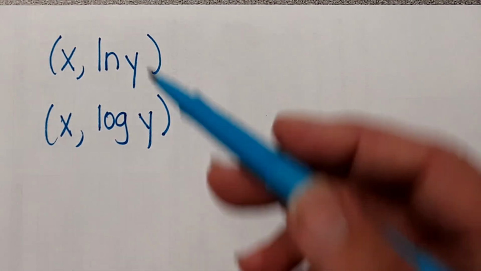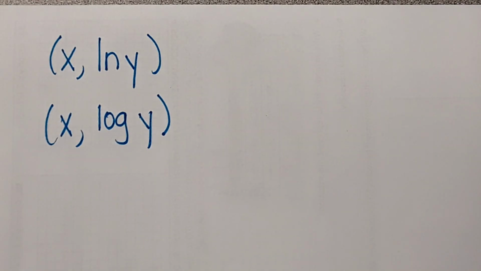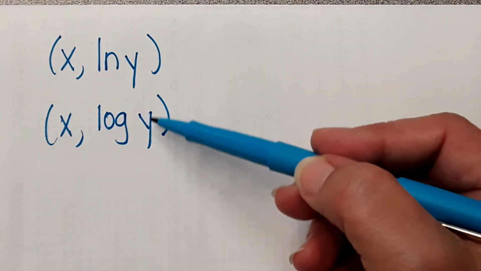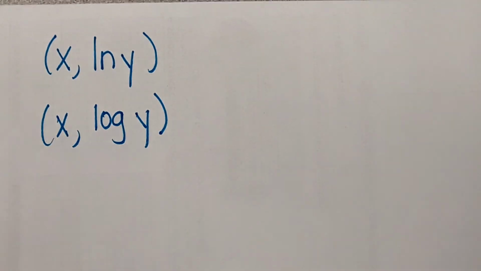So if you see x, ln y or x, log y, you know those are both exponential models. That's the first takeaway. Second takeaway, you know that if it looks like that, you took the exponential model, you took the nonlinear data, and now it's a straight line. It should be a straight line if you see these ordered pairs.